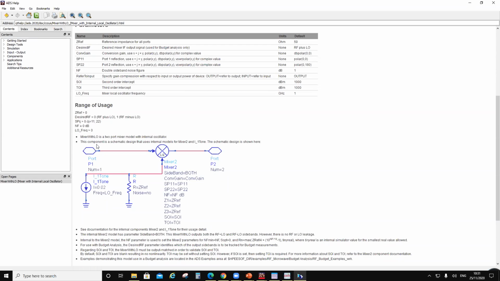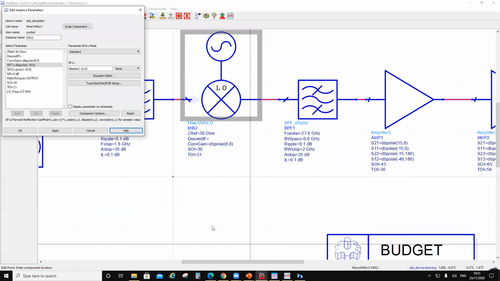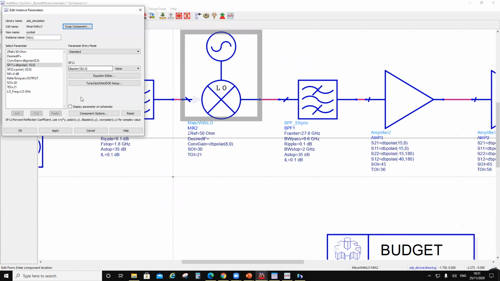They are in this model putting a positive number, and that's assuming it to be negative. That's kind of weird. SP1 and SP22, 1, 1 and 2, 2 is greater than 0. Greater than 0 means they are assuming a positive number over here. Come on. So these conventions you should read.